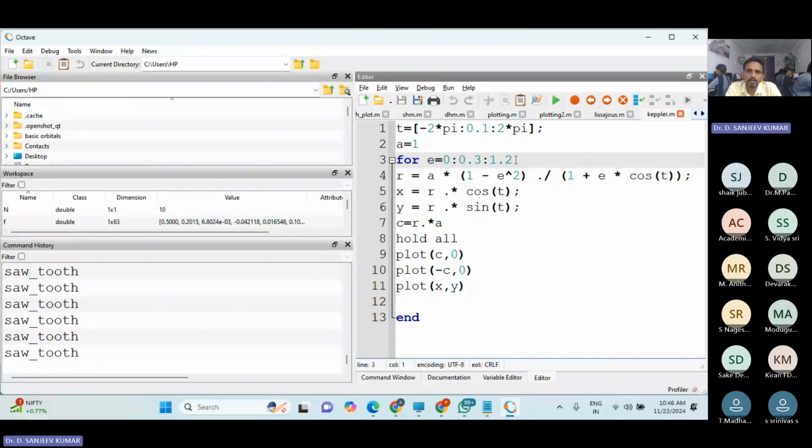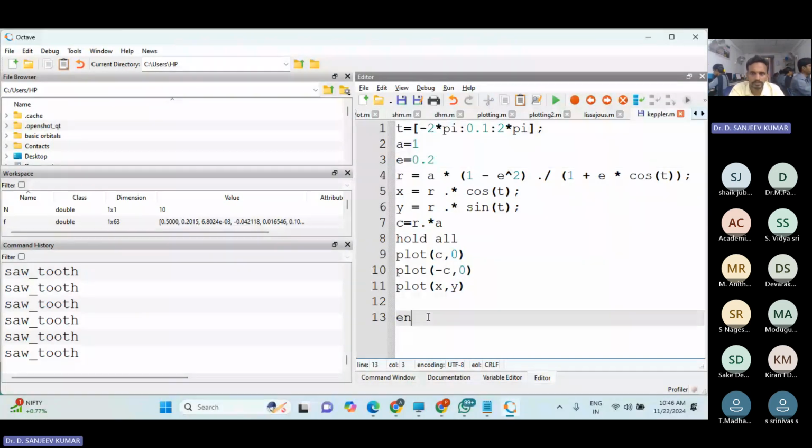Okay, so I'm considering A is equal to 1, length of semi-major axis, and eccentricity 0.2.